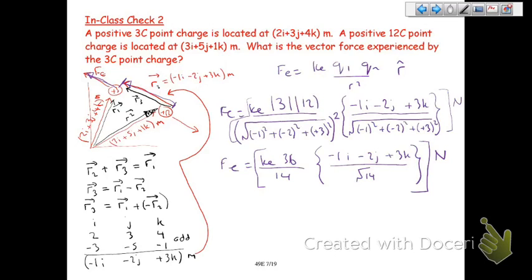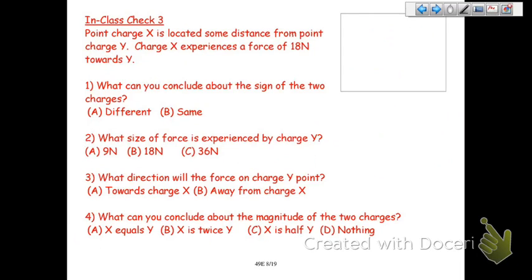Or I can give you the displacement vectors for the two charges from the origin, and then you have to go through this more convoluted way to discover R3. Any one of the three is possible. So don't learn the difficult one and then not be able to do the easier ones. You know how to get ready.